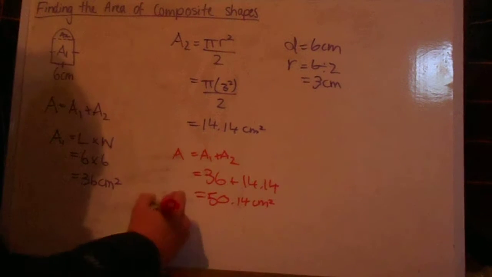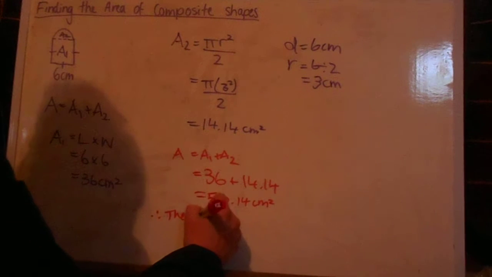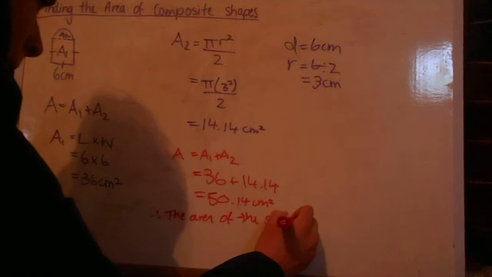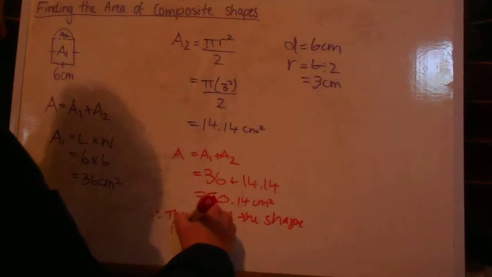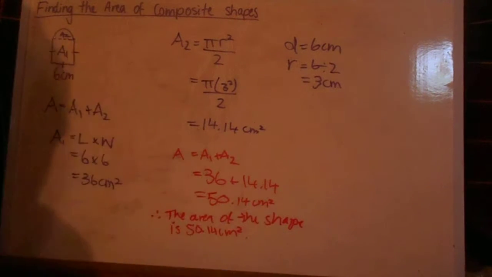And then always conclude with a little sentence with, therefore, the area of the shape is 50.14 centimetres squared. Done.